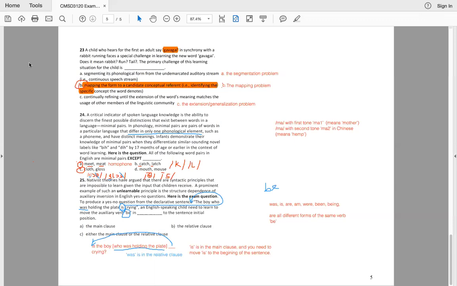So the correct answer is A. So you need to move is, the verb be, which takes the form is, to the beginning of the sentence, and it is in the main clause.